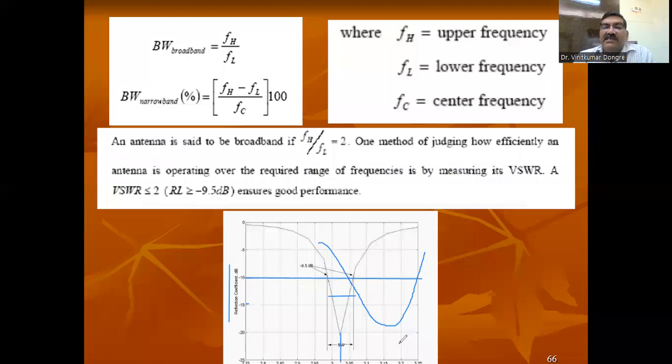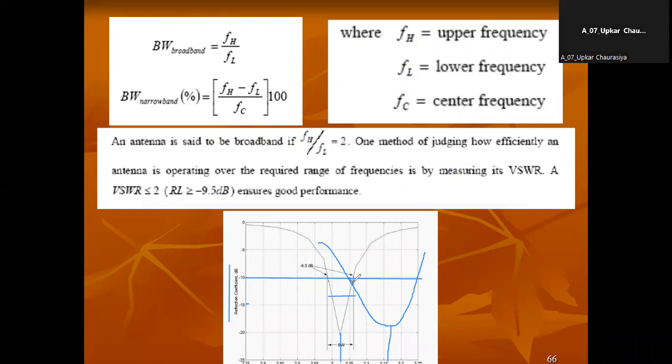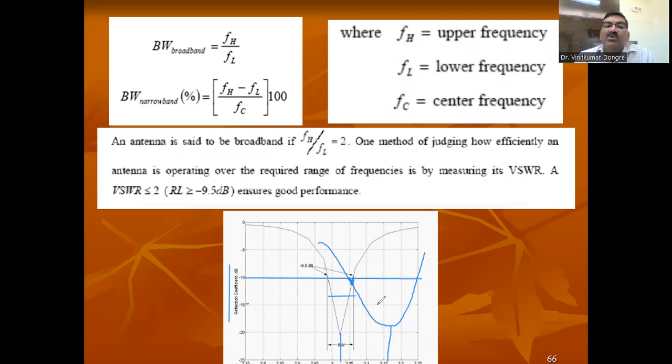Suppose this is 867, and it shifts toward 900 on the higher side. Is it applicable? No, sir. It is giving only this much, so you have to change the design of this antenna. You have to bring it here for using it for RFID. Understood? This is the practical application. Okay, sir.